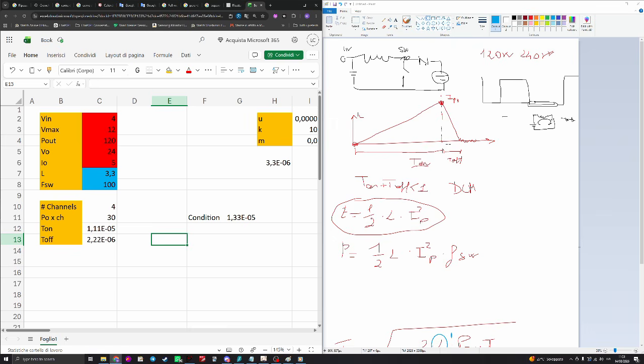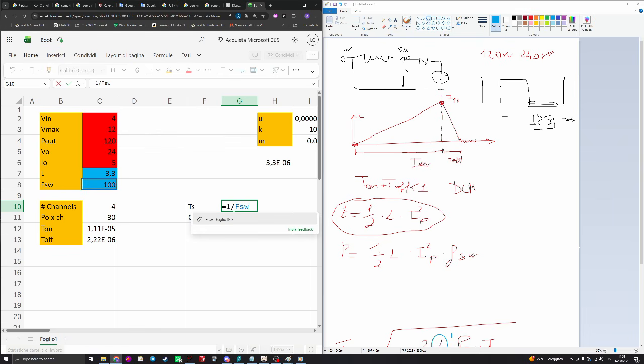that because T on plus T off, of course, we need to transform it in duty cycle. Otherwise you cannot verify it just with the T on and the T off. So we also need the TS, of course, which is 1 over the switching frequency.